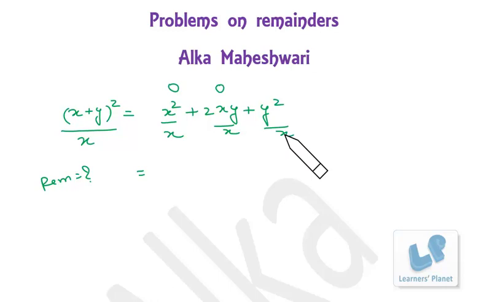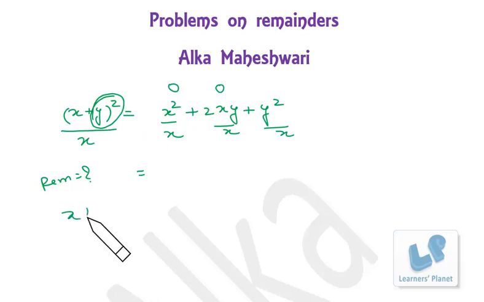Y square, if it is divided by x, we cannot say whether it is a multiple of x or not, so the remainder will be y square. That means x plus y whole square divided by x gives remainder y square. This funda we will be using to solve the problems on remainders.